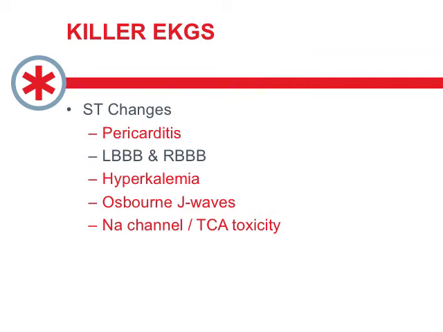We need to be able to understand left and right bundle branch blocks, which are actually a whole lesson in this series, so we won't redo those. And then recognition of hyperkalemia, Osborne J waves in the setting of hypothermia, and recognition of sodium channel blockade, particularly to make us suspicious of tricyclic acid overdose and toxicity.